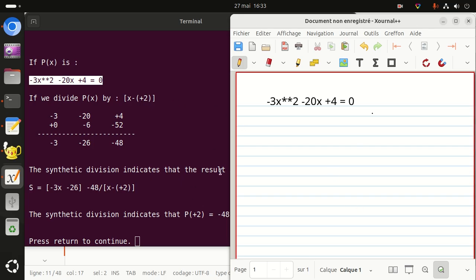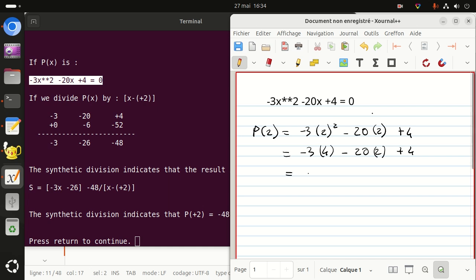We want to compute p of 2. This gives minus 3 times 2 squared minus 20 times 2 plus 4. Minus 3 times 4 minus 20 times 2 plus 4.